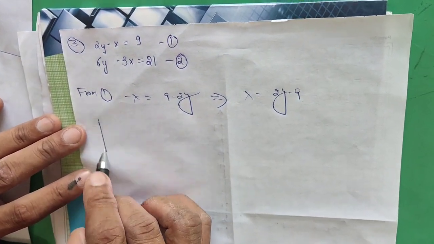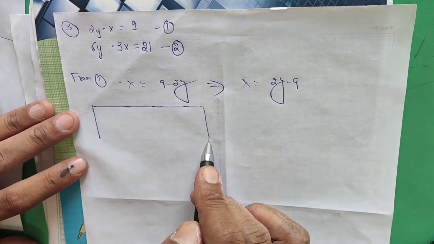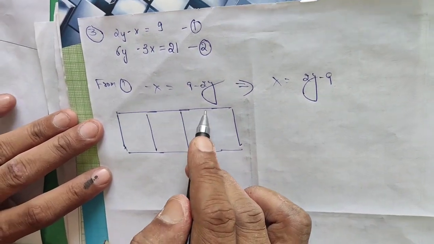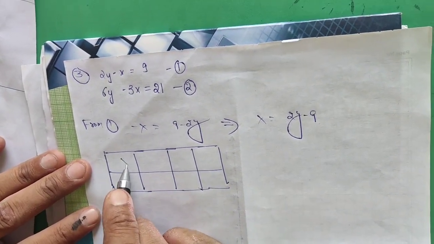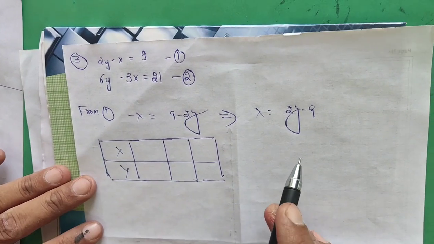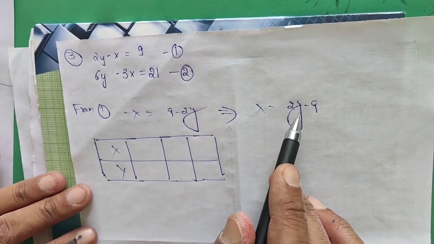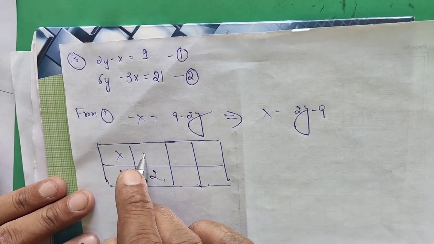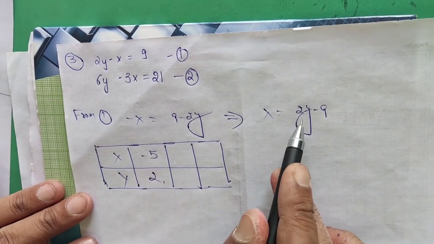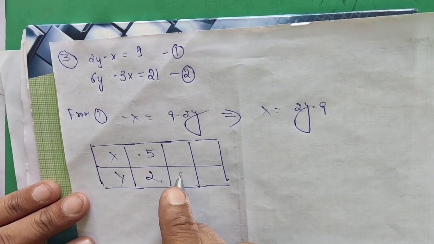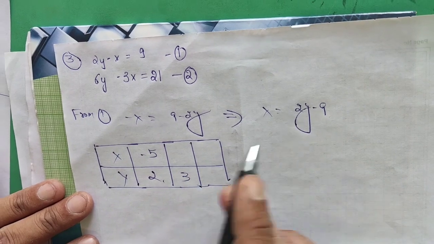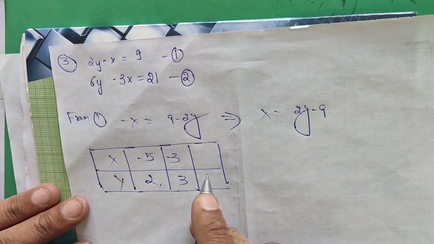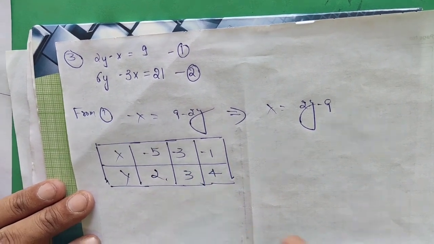And the corresponding values of x and y can be written in a table such as: when y equal to 2, x is minus 5, and when y equal to 3, then x equal to minus 3, and when y equal to 4, then x is minus 1.